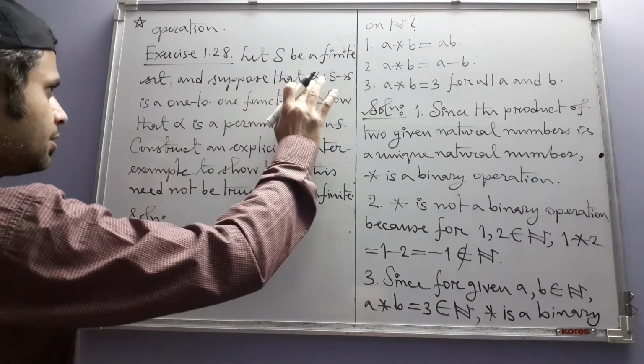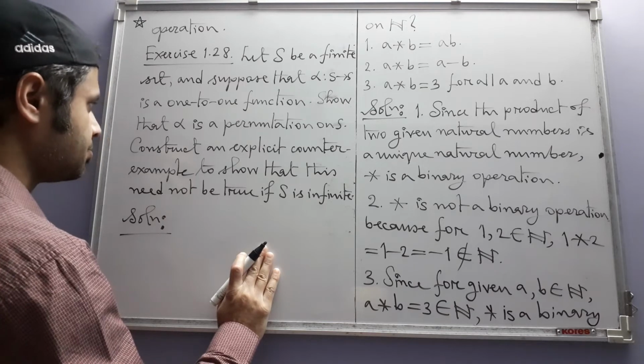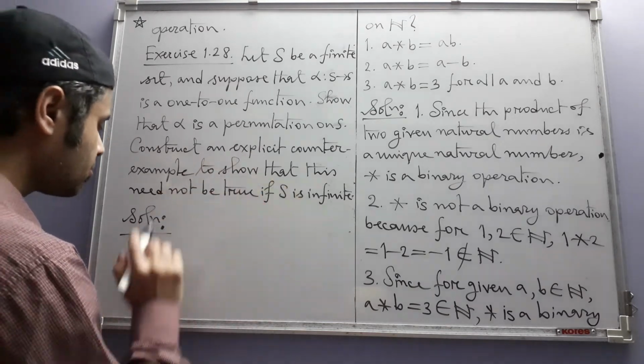So we are given a one-to-one function alpha on a set S. We want to prove that it's onto.